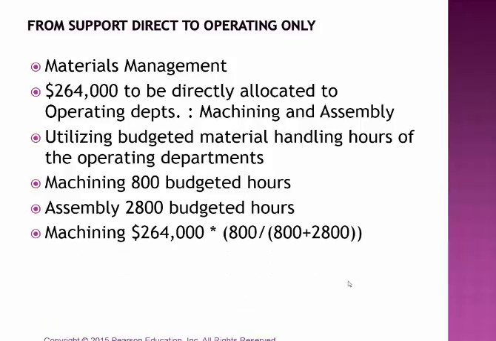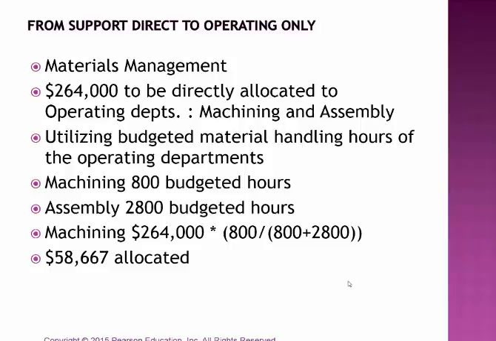Those two total together equals 3,600. Again, 264,000 is going to be divvied up based on that weight of 800 divided by 3,600 equals a percentage. If we do the math, you should get 58,667 that gets allocated to machining. And the remainder is going to go to who?